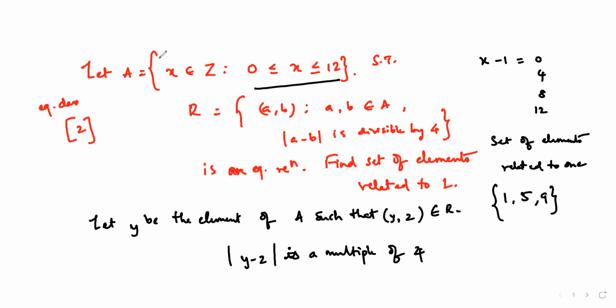So y minus 2 will be 0, 4, 8, 12 and so on. The set of elements is 2, 6 and 10. Finished? Understood? Yes, sir.